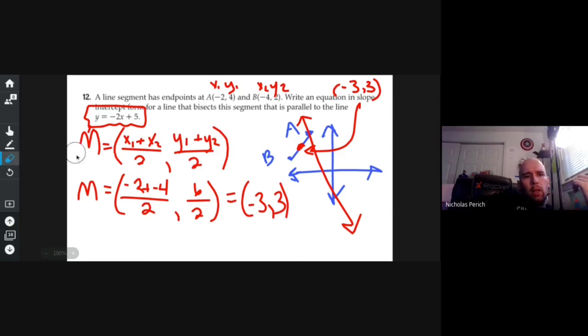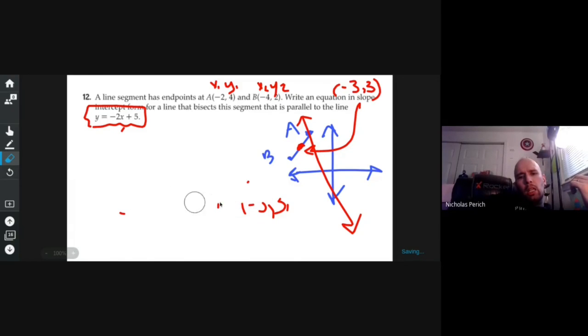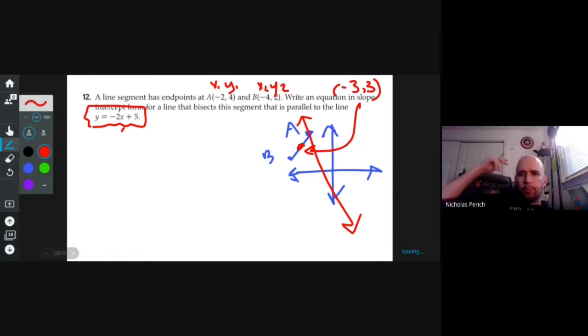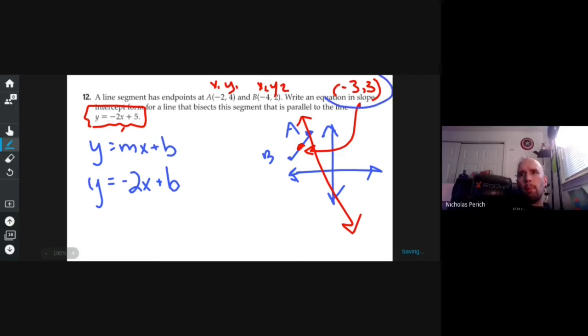So we need an equation. Let's get rid of all of this, because I'm going to need a lot of space. We need an equation with a slope of -2, but also goes through (-3, 3). So what we have so far is y equals mx plus b. With the slope of -2, y equals -2x plus b. We also need an equation that goes through a specific point, that point right there.